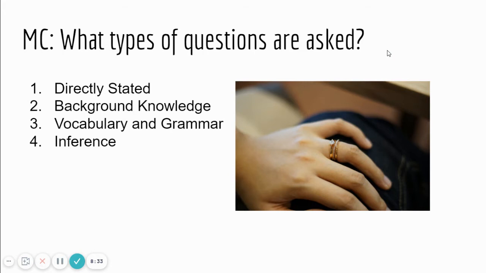The other type of question, which is the harder type, is called an inference. I got this picture here because this is the way that I teach my grade 12 English students to remember what an inference is. An inference is an assumption or a guess that you can back up with proof. It's not the kind of thing where you can read the question and find the exact answer in the reading.